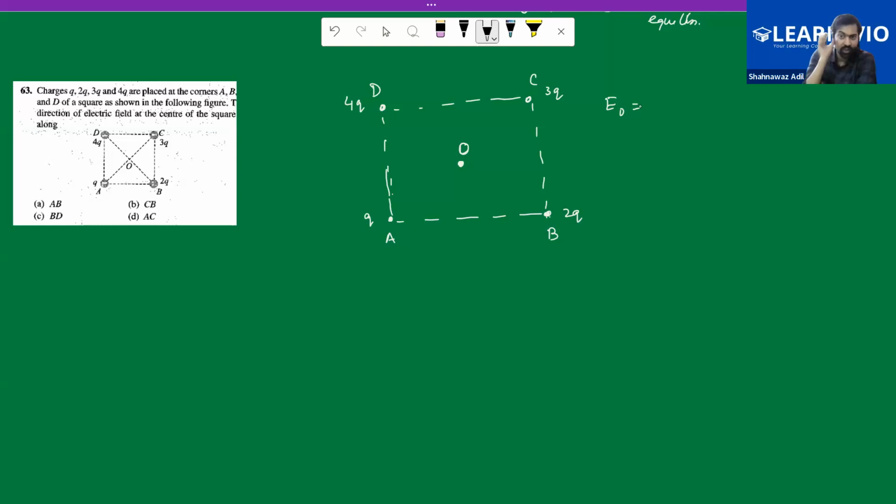right? So what would be EO? From the superposition principle, we know that EO would be EA plus EB plus EC plus ED. Now let us find out, at this point, due to this charge, what would be the direction of electric field? Can you tell me? Due to this charge, what would be the direction of electric field?